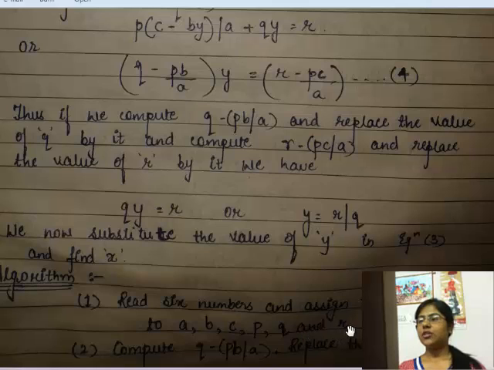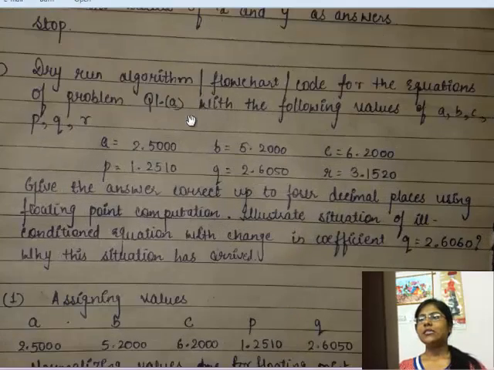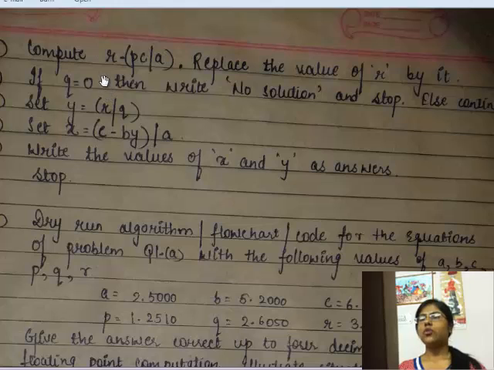So the algorithm for the same is: we first read these 6 numbers, that is a, b, c, p, q and r, provided that these are non-zero values. Then we compute q minus pb upon a and replace the value of q with it. Similarly, we compute r minus pc upon a and replace the value of r by it.